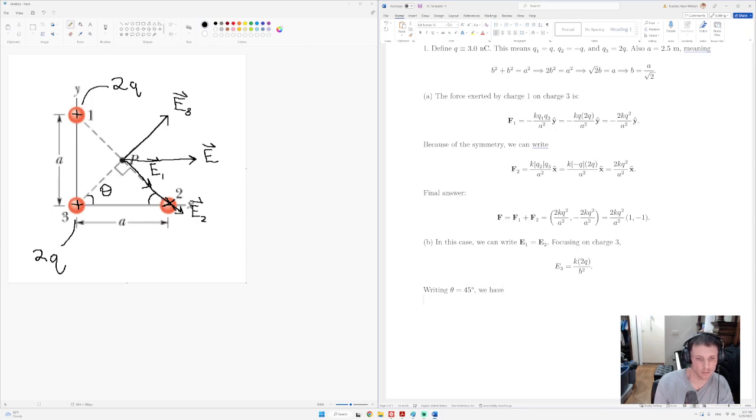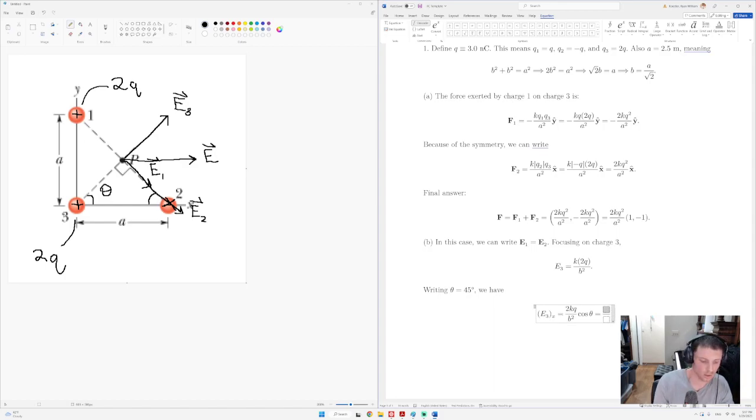We have that the x component of the electric field due to charge 3 is going to be what we have up there, 2kq over b squared times cosine theta. And cosine of 45 degrees is just root 2 over 2. It's one of the easier ones to remember because sine and cosine have the same value at 45 degrees.